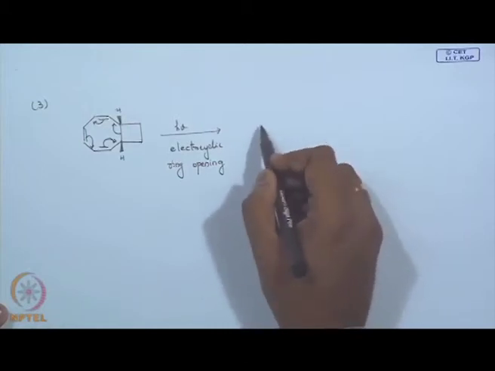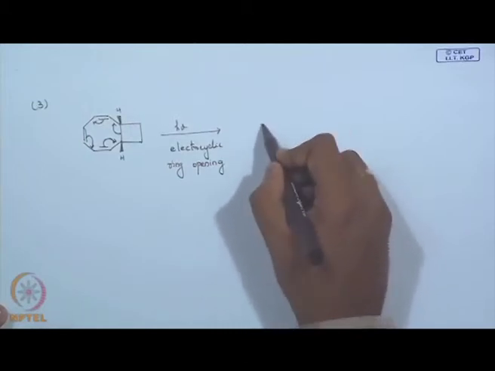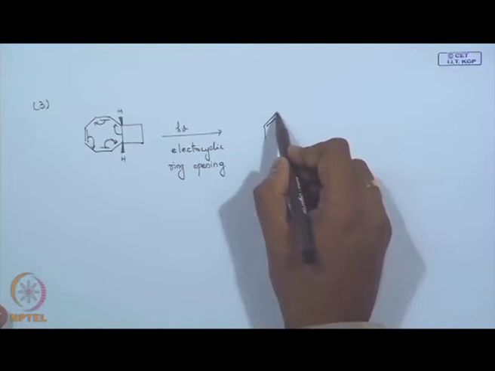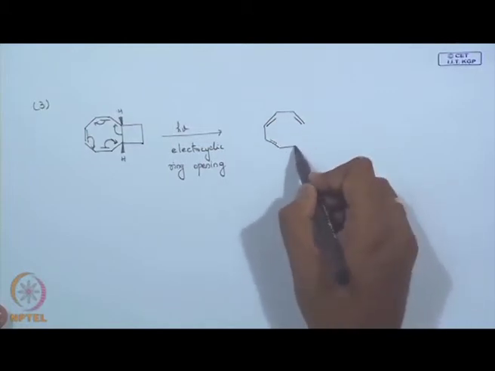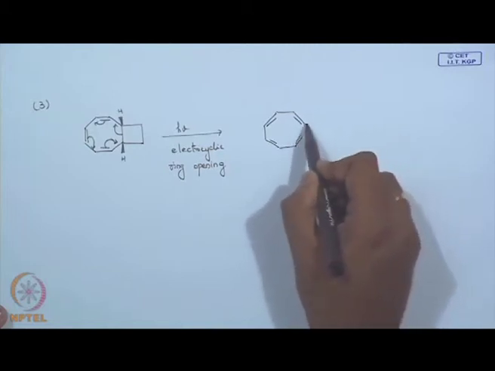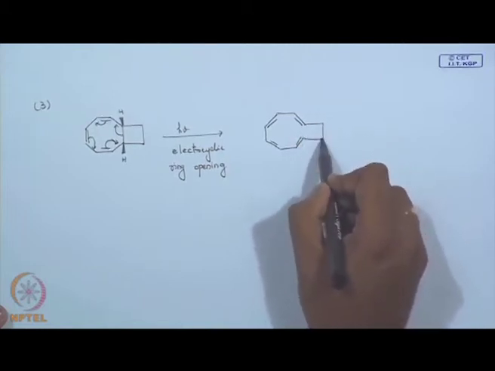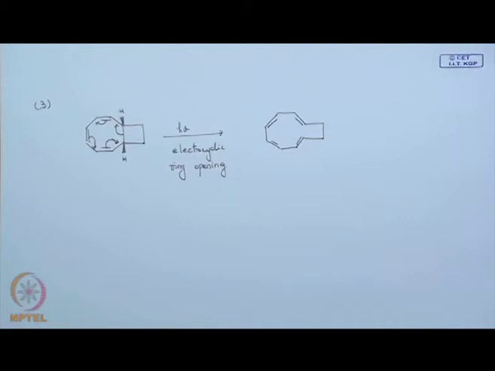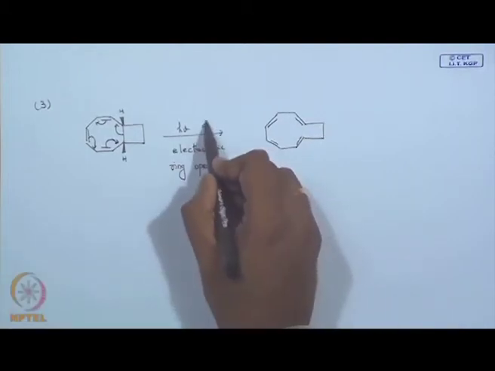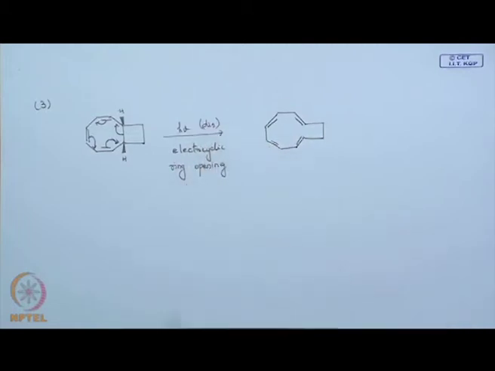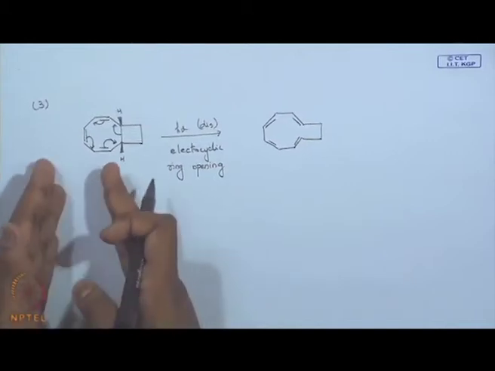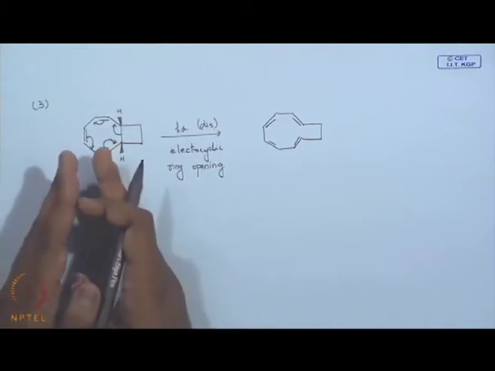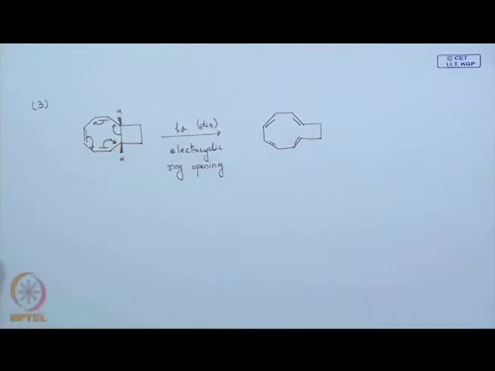Shall we write the product? Whether it is con or dis, yes, this. So, that is over, your first step is over. Once you understand that part, you just concentrate on your pi system and you are able to solve it.